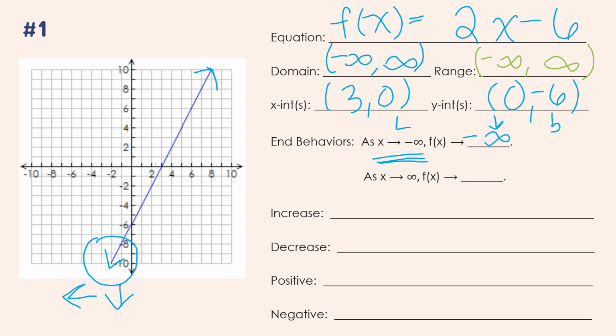Now let's look at the right side. Okay, that arrow is pointing right. That's why this says x is approaching infinity, because if it's going to the right, x will approach infinity. Not only is it pointing right, it is pointing up. So because it is pointing up, that means y, or f of x, is going to positive infinity.